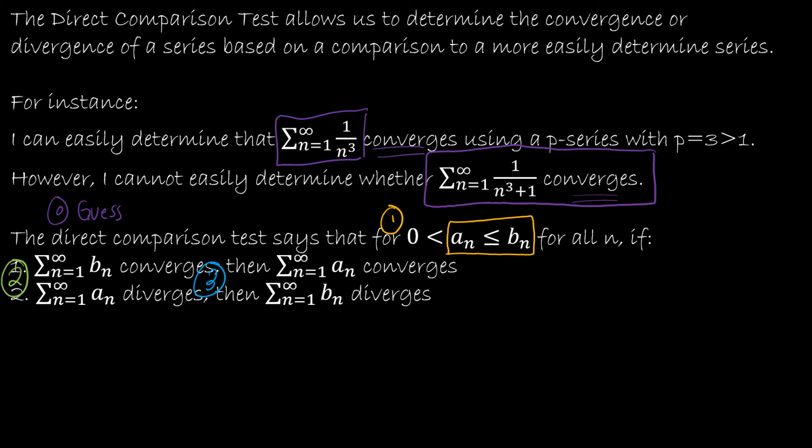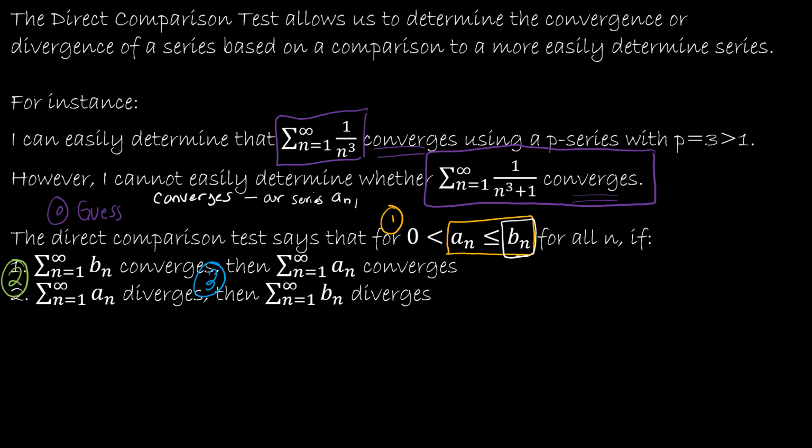And here's why you need to make a guess. If you think your series is going to converge, then our series is going to be the a sub n, and we're going to need to find some b sub n that is greater.